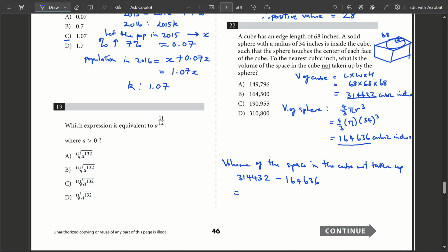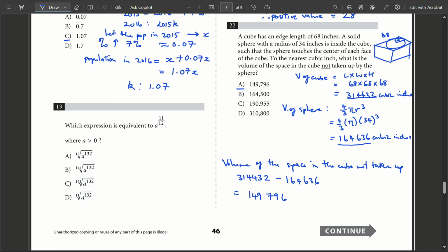And when you subtract this, we get 149,796, which is A.